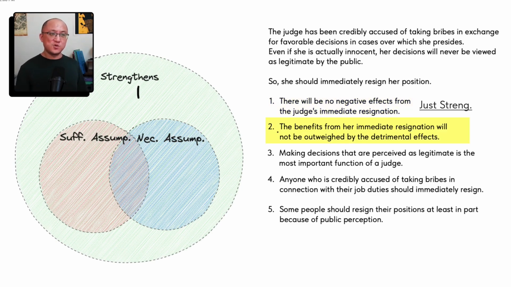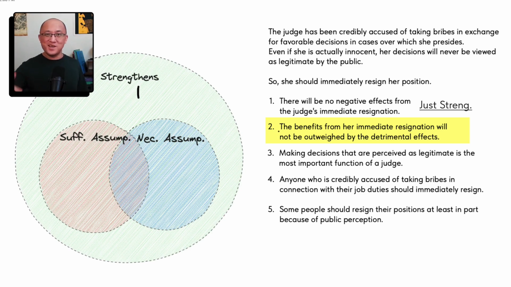What about number 2? The benefits from her immediate resignation will not be outweighed by the detrimental effects. So if this were true, that would help this argument because it's defending the argument from the possibility that telling her to resign and having her immediately resign might actually backfire and result in negative things happening.